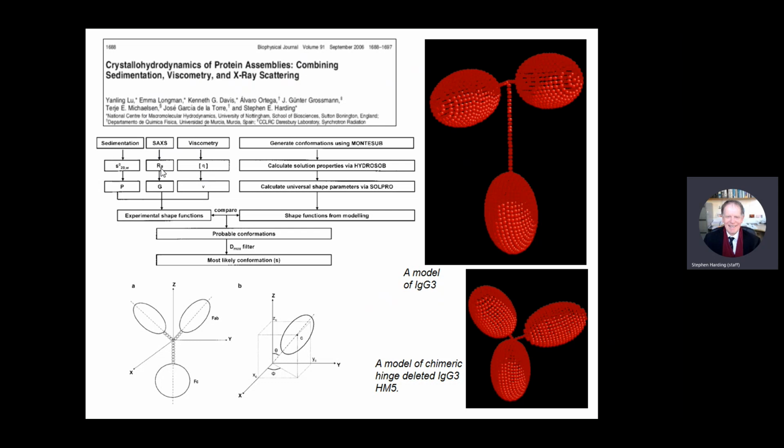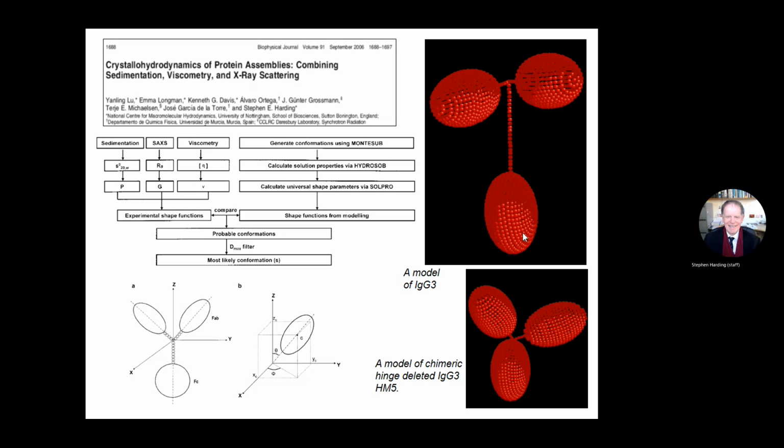You can get it from light scattering, but it only works for very large molecules, whereas X-ray scattering is much more suited for looking at the radius of gyration of macromolecules of this size, and then the sedimentation coefficient and the corresponding shape function here. So by combining all these measurements together, you can get an idea of the orientation of the domains, to see if it was a blob or extended.